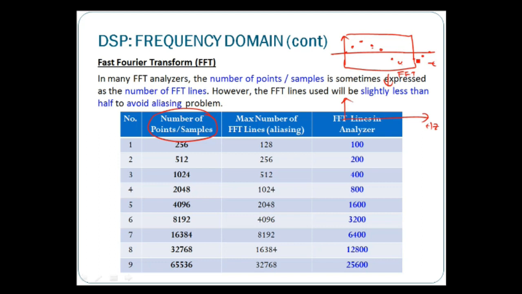So if you know the number of samples, then you can decide how many samples you want to convert to frequency. But in many commercial analyzers, they don't tell you the number of samples. They only show it in terms of FFT lines.